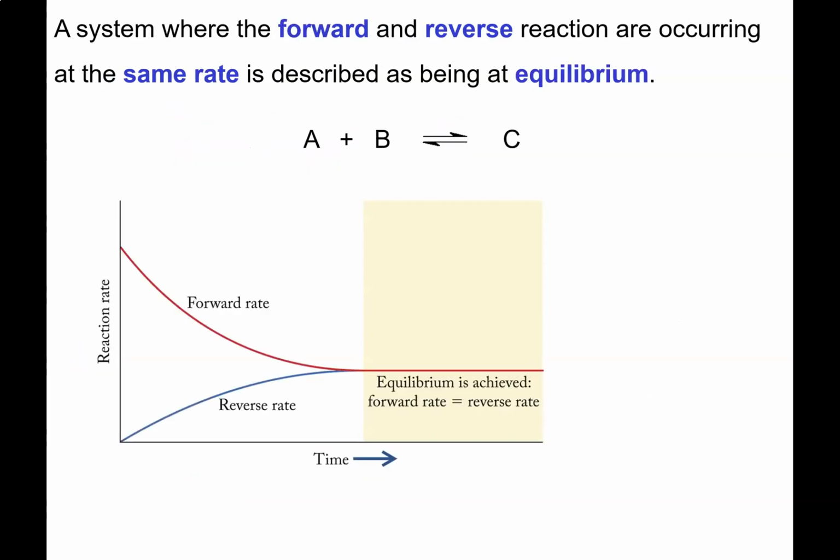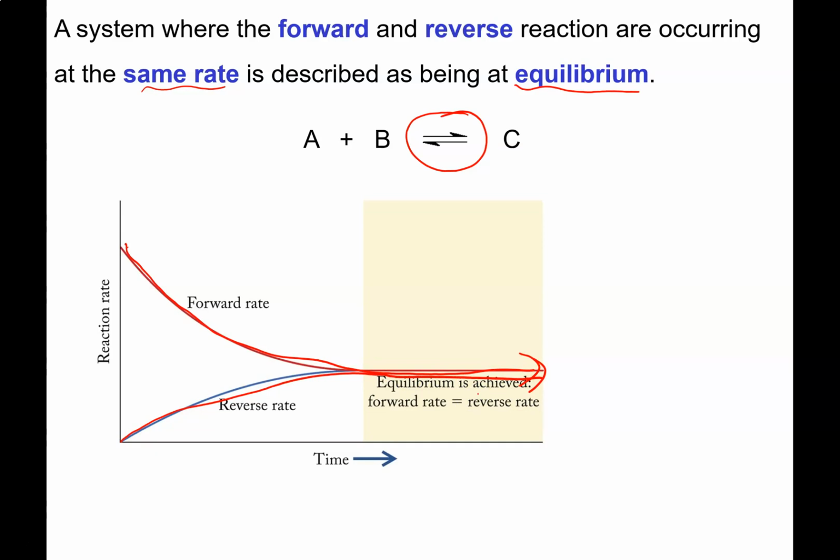So a system where the forward and reverse reaction are occurring at the same rate is described as being at chemical equilibrium, and we can indicate that with the double-headed arrow. So here we have a generic reaction. Reactants are being turned into products, and products are being produced.